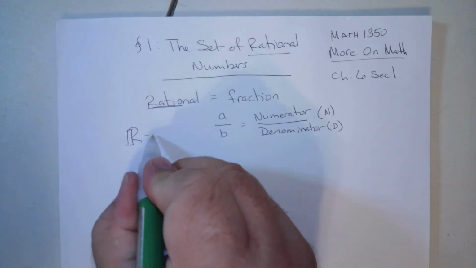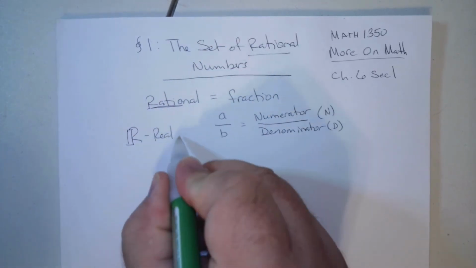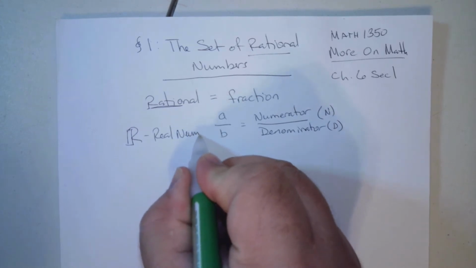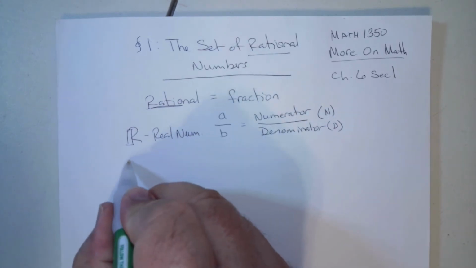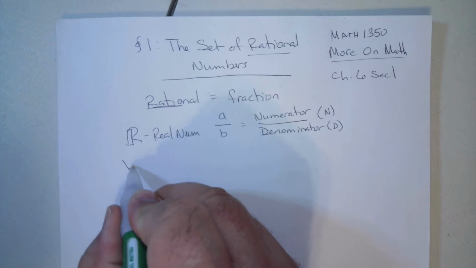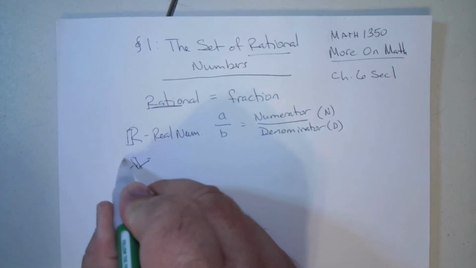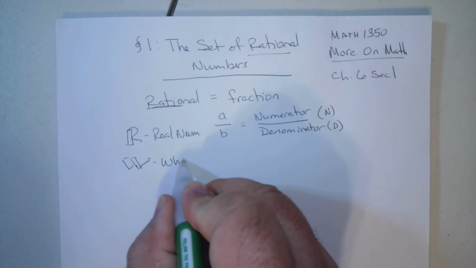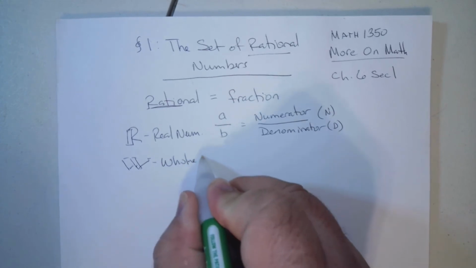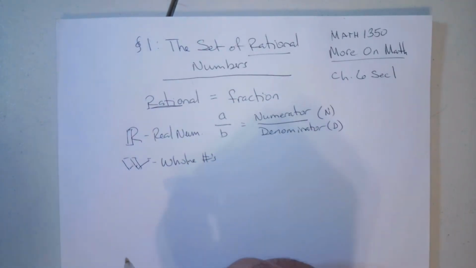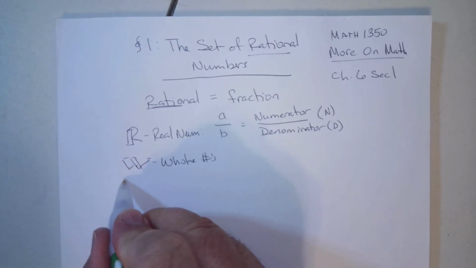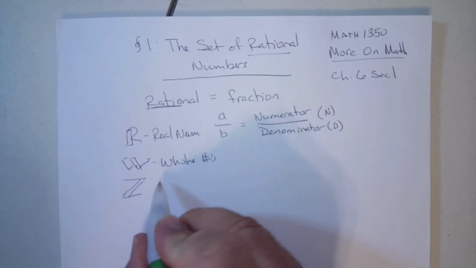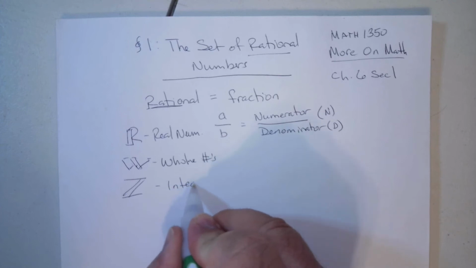R represents the real numbers. W represents the whole numbers. Z represents the integers.